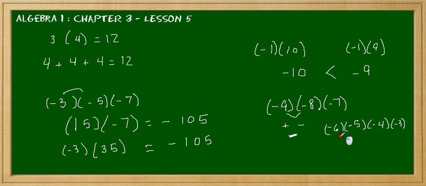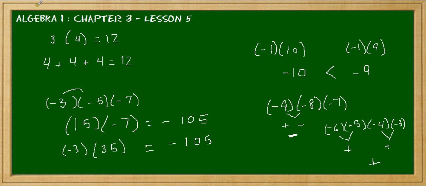But notice what happens here. When I multiply these two, I end up with a positive. I could take a quick shortcut and multiply these two and have a positive, and then positive times positive will be a positive.